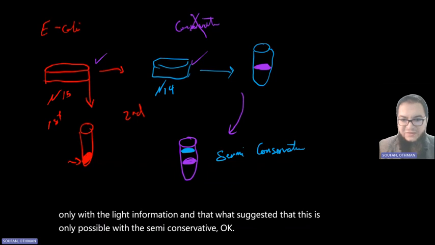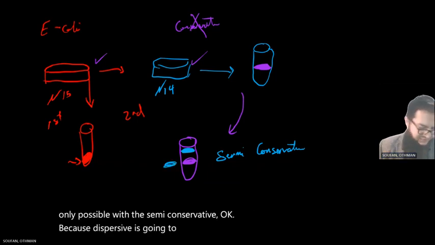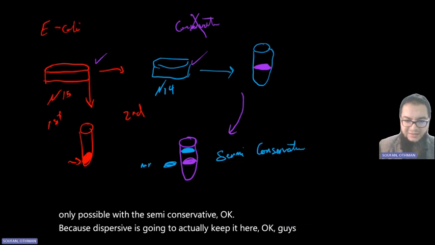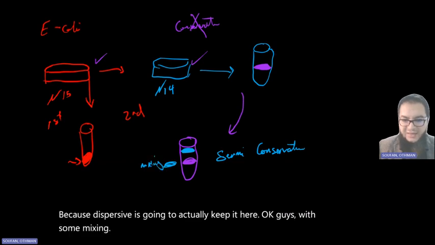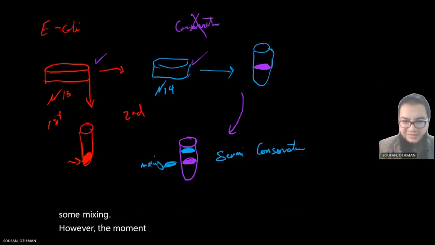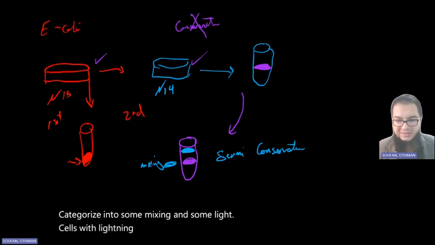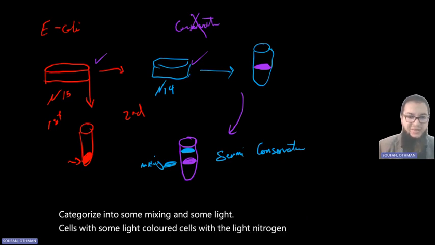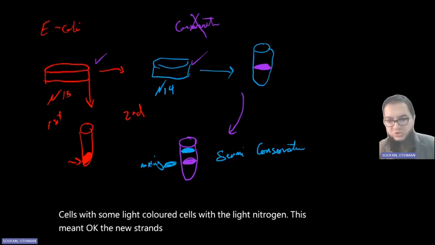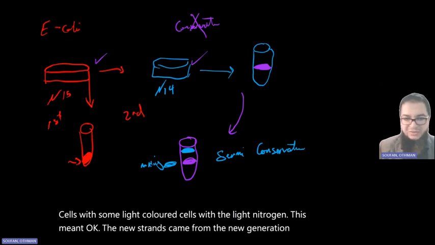Because dispersive is going to actually keep it here, okay, guys, with some mixing. However, the moment we see this categorized into some mixing and some light-colored cells with the light nitrogen, this meant the new strands came from the new generation, and now this is semi-conservative.